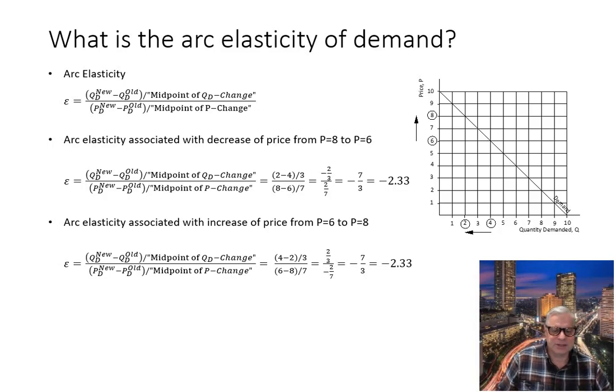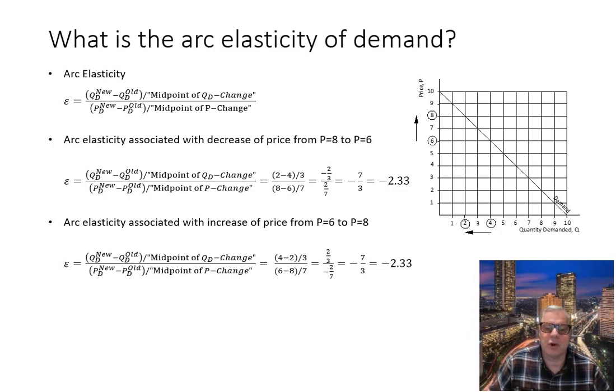And the arc elasticity is best illustrated graphically. It is also the relative change, but it's the relative change relative to the midpoint. So let's increase the price from 6 to 8, so that is an increase.